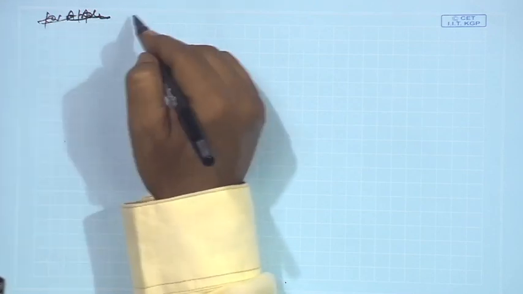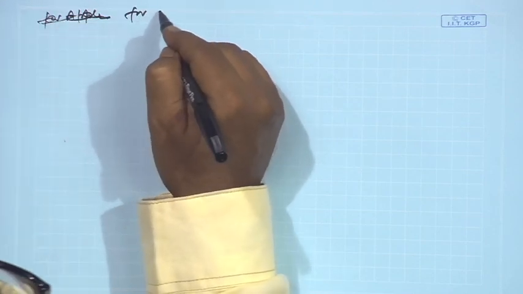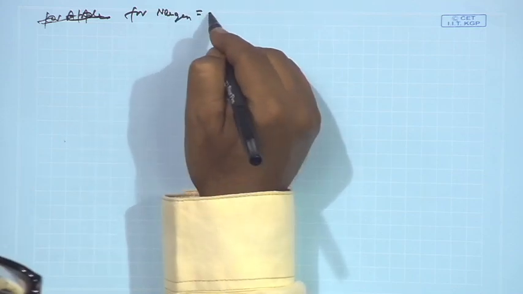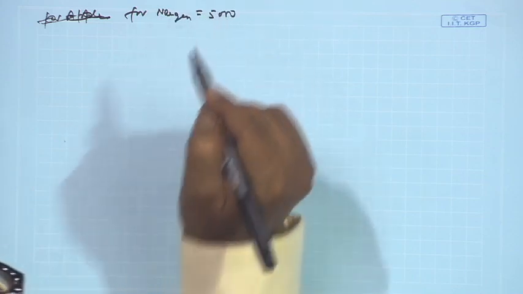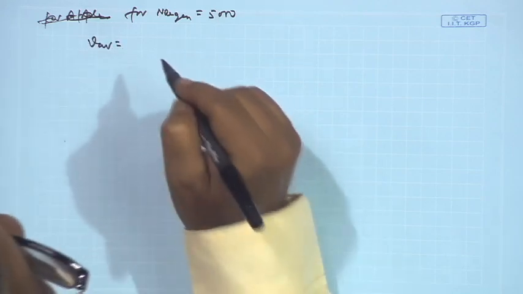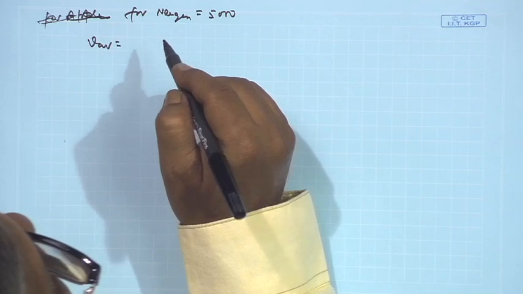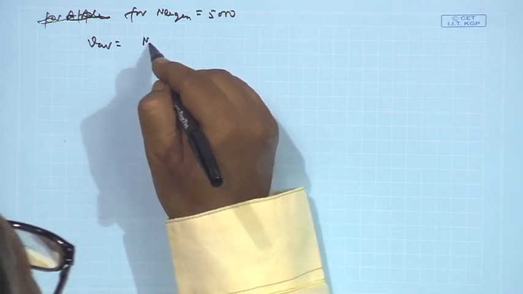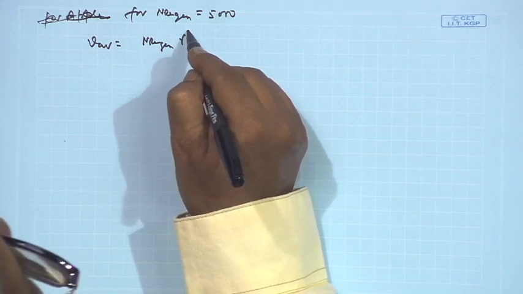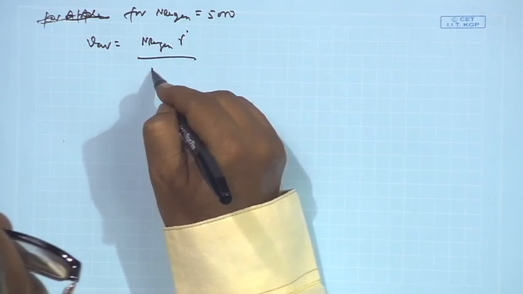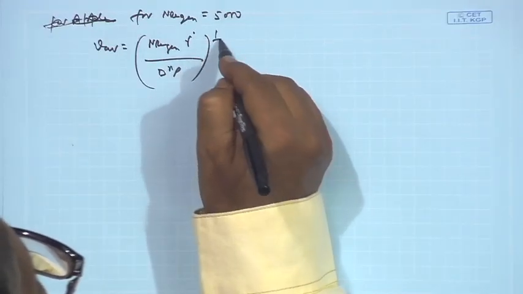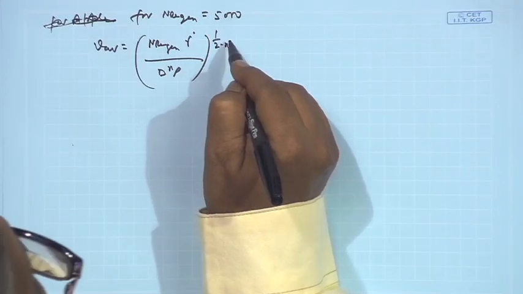So, for NRE general equals to 5000, V average is equals to NRE general gamma by d to the power n rho to the power 1 by 2 minus n.